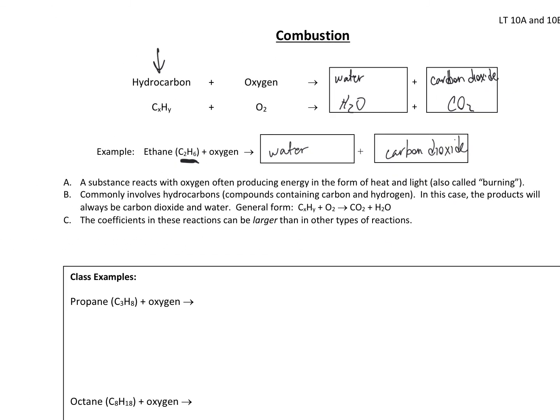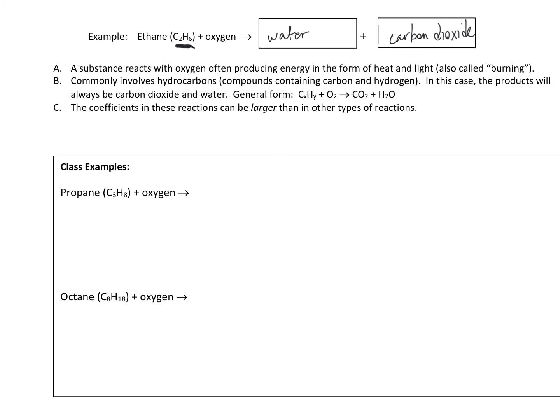You just got to build the habit of, as soon as you know that you have a combustion, you know you make water and carbon dioxide. So, a couple examples here. Propane plus oxygen. Hey, that's a combustion. I got the hydrocarbon plus oxygen. I already know right off the bat I'm going to make water and carbon dioxide.